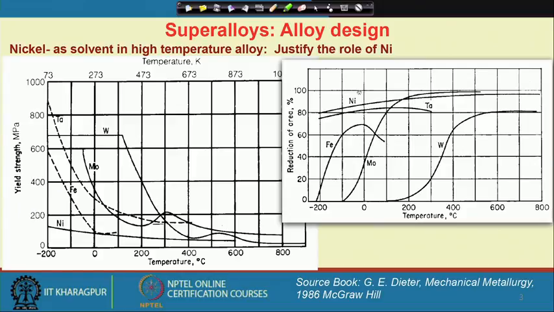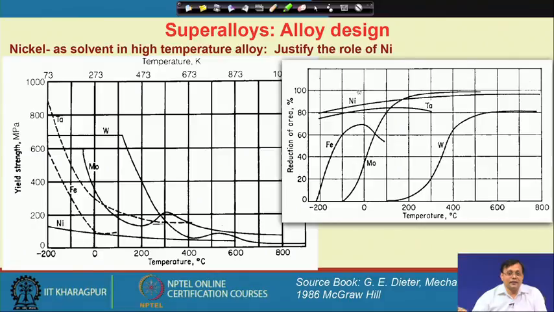And therefore, we need to consider that, and let us have a look at a very basic mechanical metallurgy concept that we learned quite a long time ago in the undergraduate days. So, here I show you some of the metals and their yield strength and reduction of area, which is basically an estimation of the plasticity, malleability or let us say the ductility, with the yield strength and the temperature.